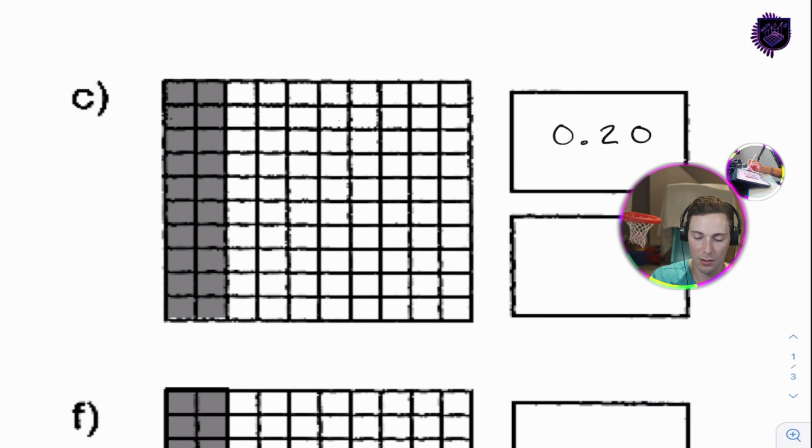You can just write 2 tenths. It would be 20/100ths, but 2 tenths, it's the same thing. Now, again, this is our 100 total and 20 that we have.